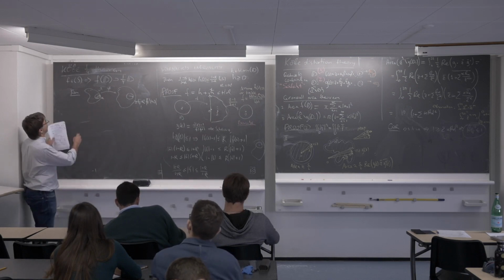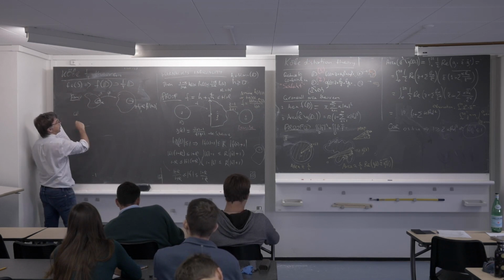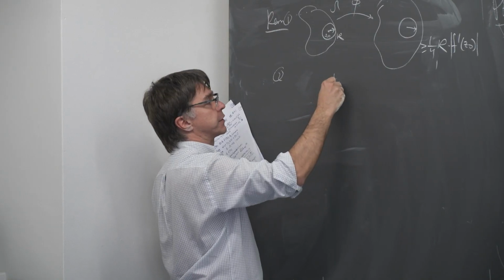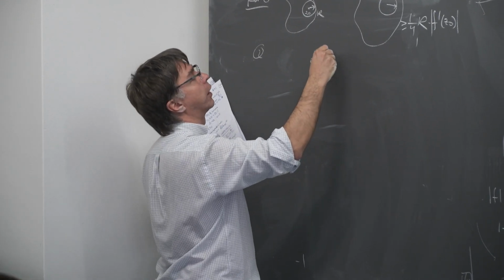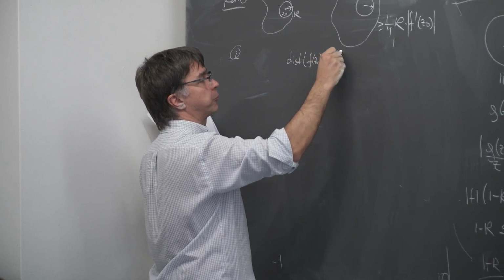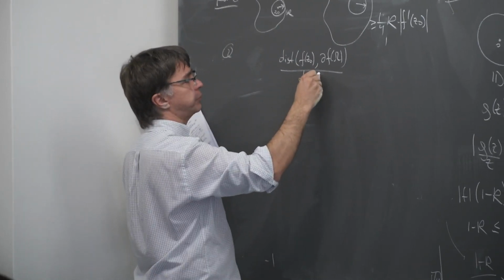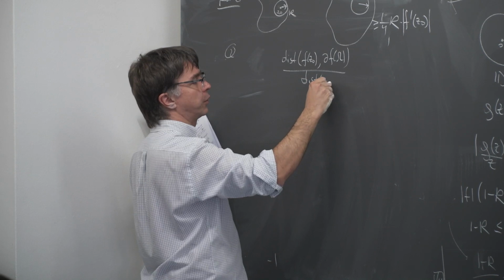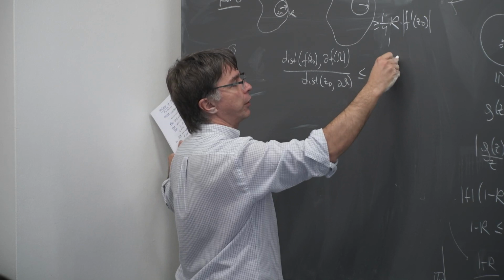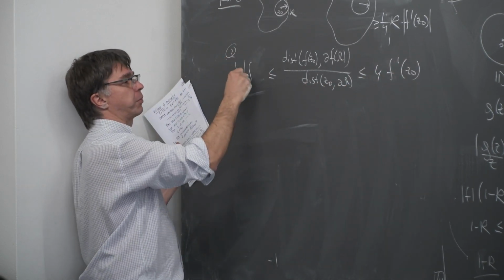This is also often formulated as follows: the distance from f of z0 to the boundary of f of omega and the distance from z0 to the boundary of omega, their ratio is at most 4 times f prime and at least 1/4 of f prime.